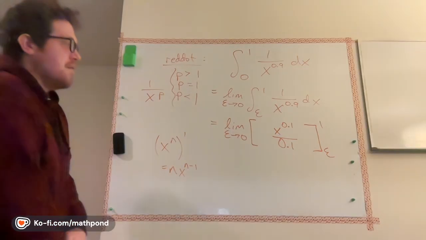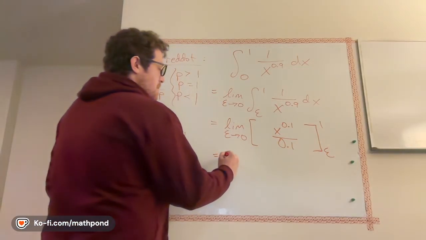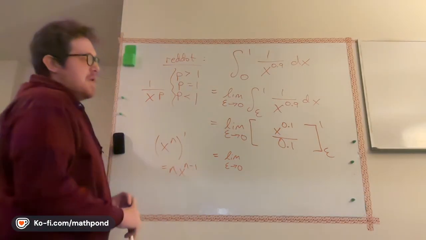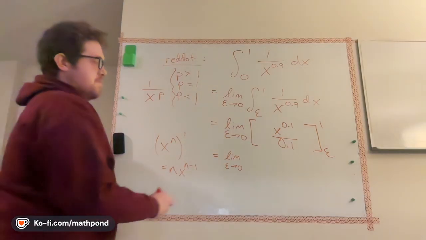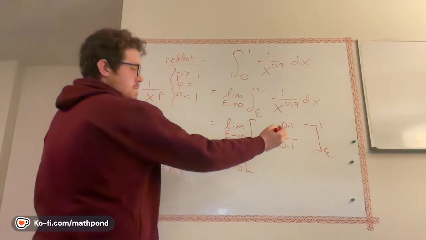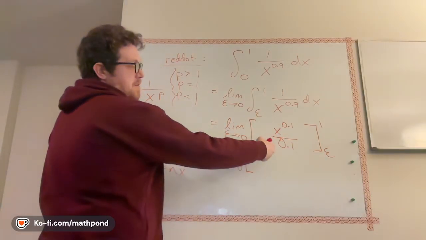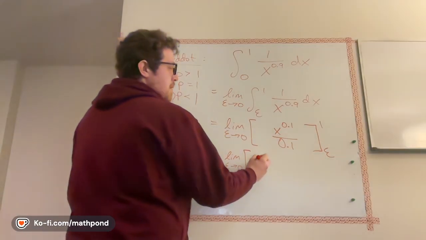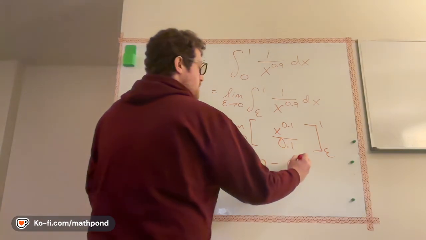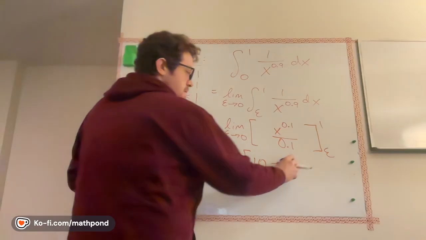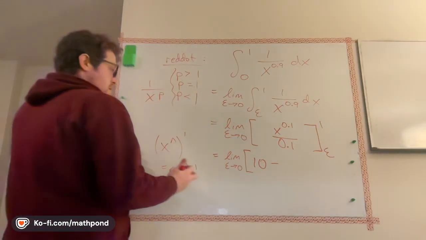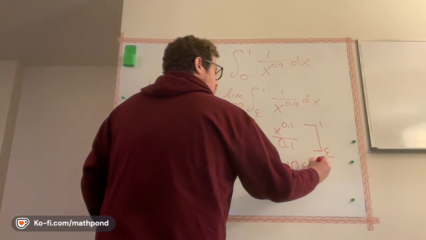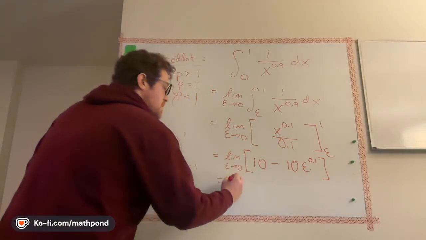Okay, and then if we plug in 1 now, this is just a limit as epsilon goes to 0 of 1 to some power divided by 0.1, which is times 10, so just 10, minus something that's going to 0. That's 10 times epsilon to the 0.1, which equals 10 minus 0.